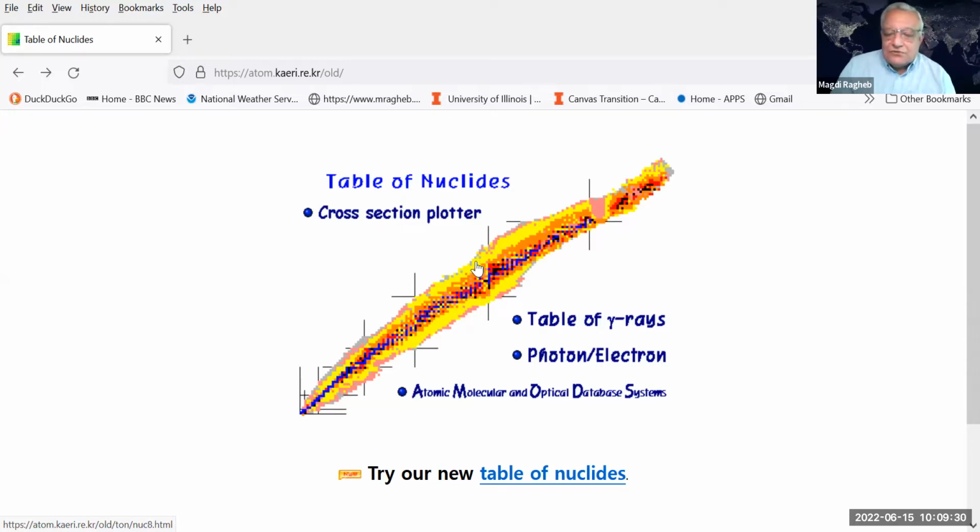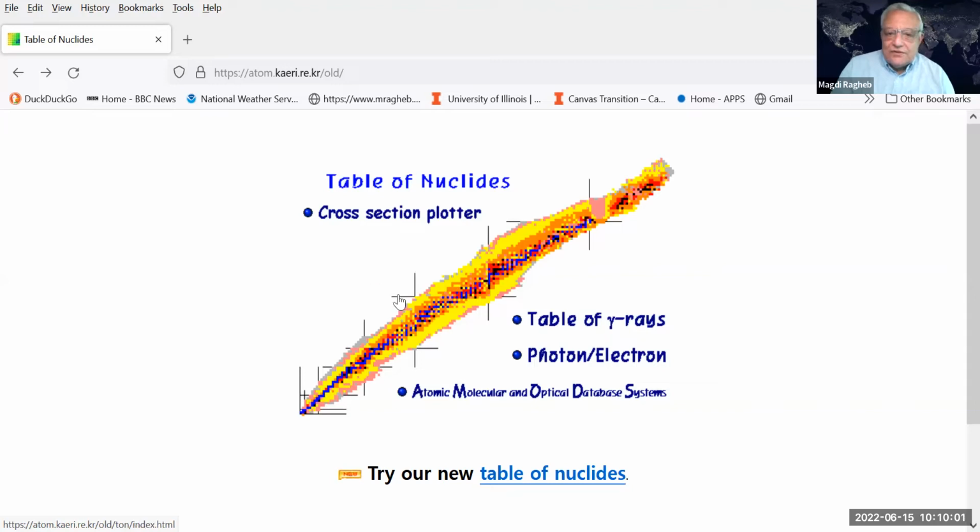Again, the isotopes try to reach stability by, in that case, instead of emitting a negative electron, they emit the antimatter of the negative electron, which we call the positron. So it's a particle that has the mass of the electron, but in that case, it is positive in charge. Or they try to reach stability also by reducing the number of protons by absorbing an inner electron from the inner electron shell. We call that electron capture.